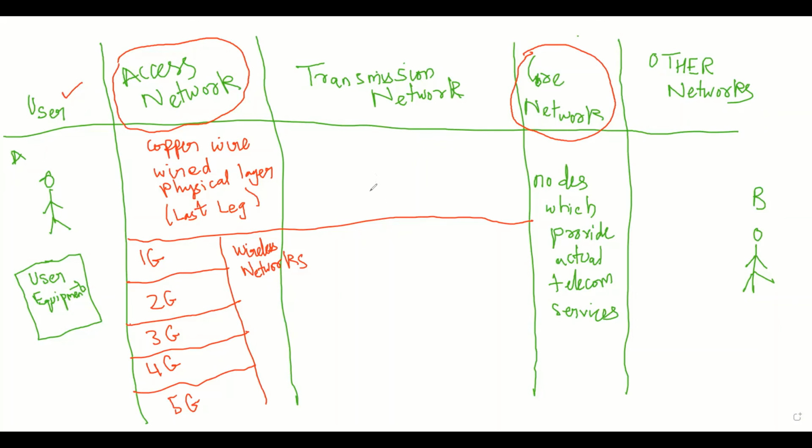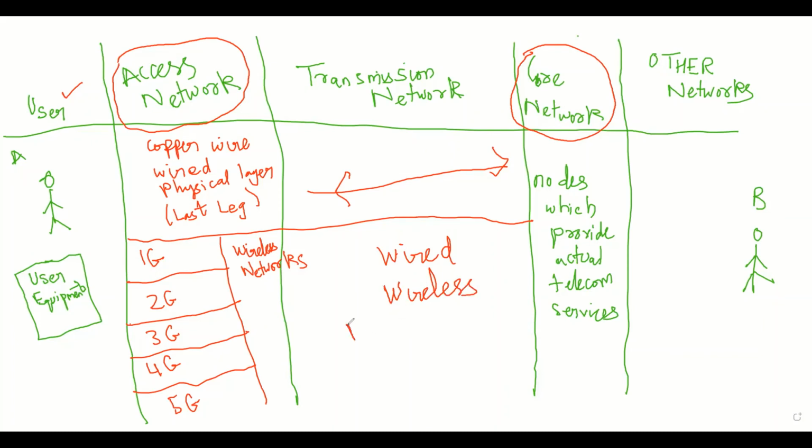All right. So a transmission network is typically there to connect the access network to the core network. It could be wired, it could be wireless, it could be a mix of both.